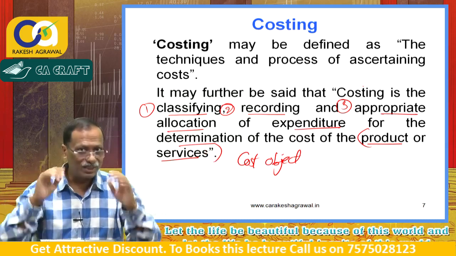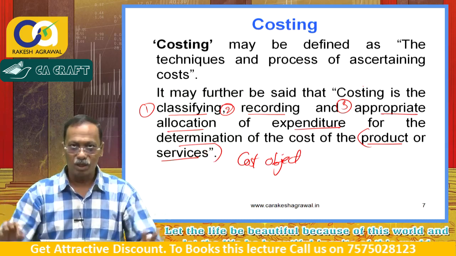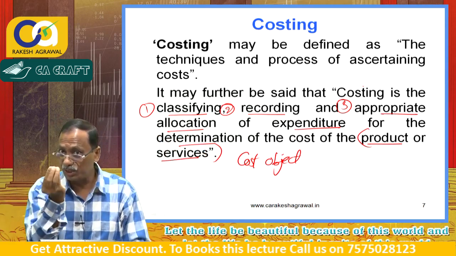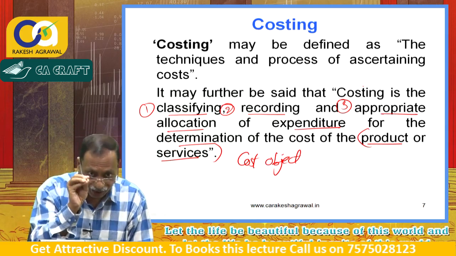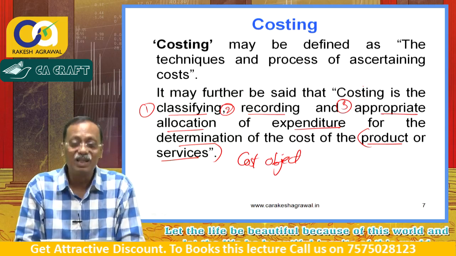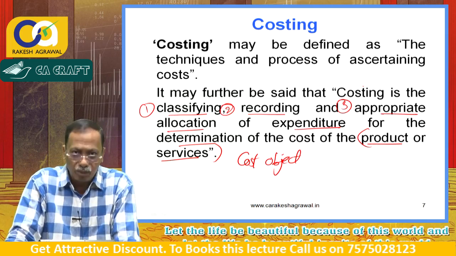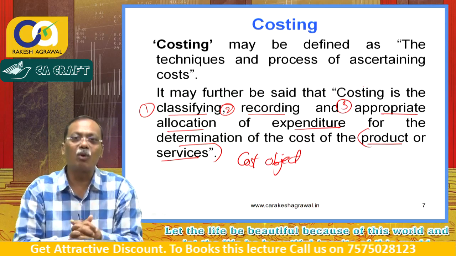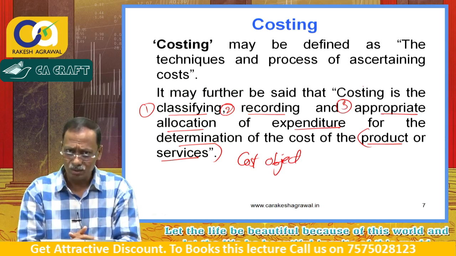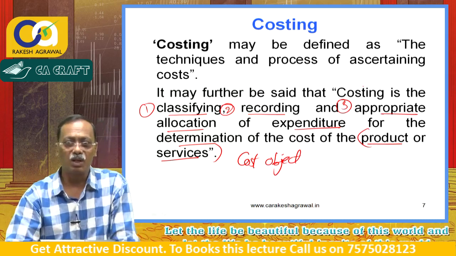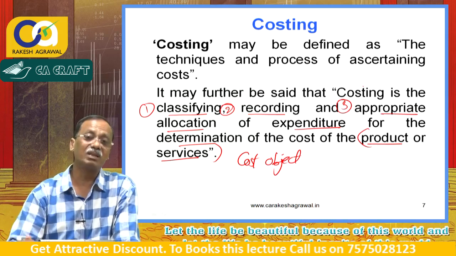So through the overheads chapter of your intermediate, if you remember, for those common costs called overheads, we used to calculate an appropriate share of overheads for charging to one product. That is called appropriate allocation of expenditure. It is common expenditure, common cost, that is called overheads. So when you charge the indirect cost to a product, you are able to ascertain the cost. Direct cost plus indirect cost charging is appropriate allocation of expenditure, and that is how we ascertain the cost.